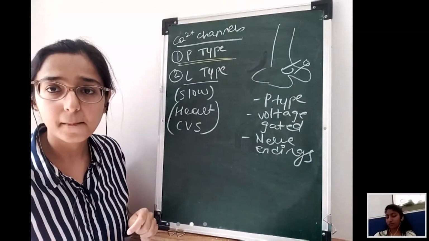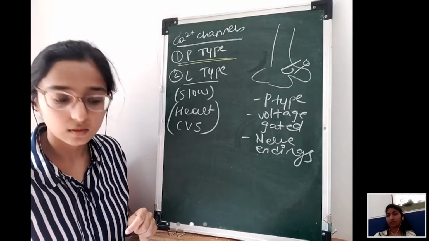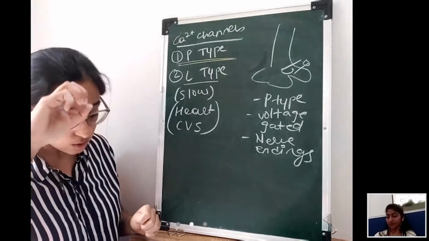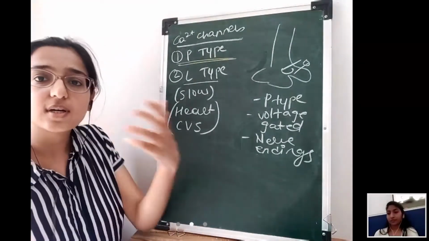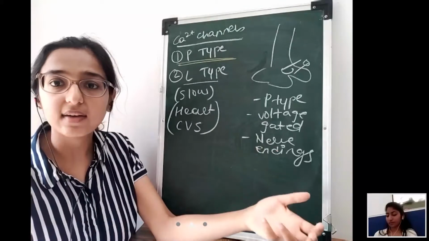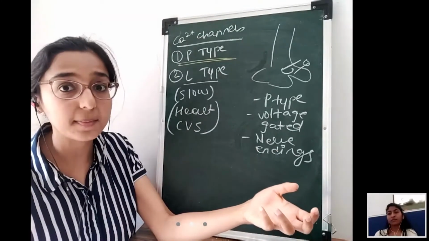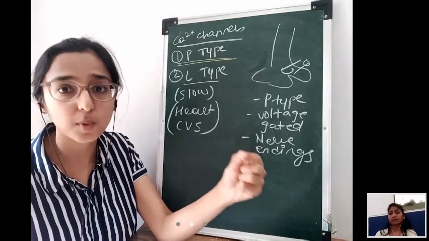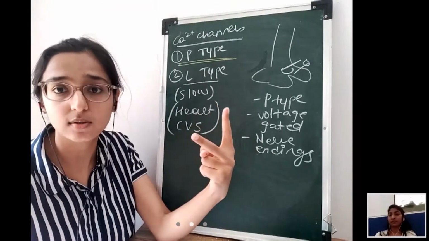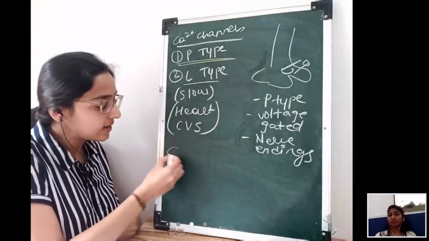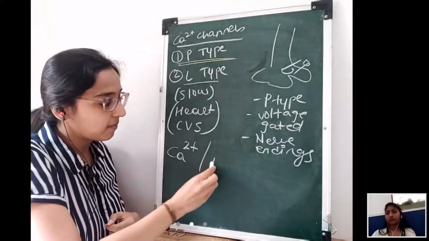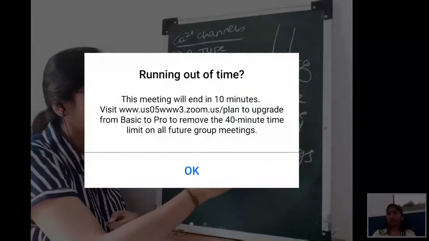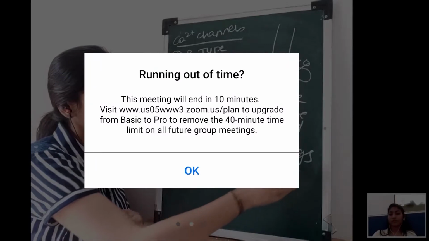Okay, should I go ahead? Now what we need to know is that whenever extracellularly there is any other divalent cation, what do I mean by divalent cation? Cation means positive charge, divalent means two charges. So divalent cations are calcium, then you have magnesium, you have manganese.